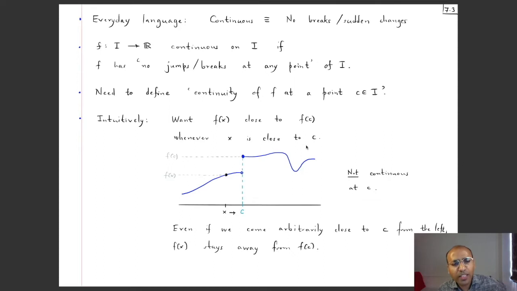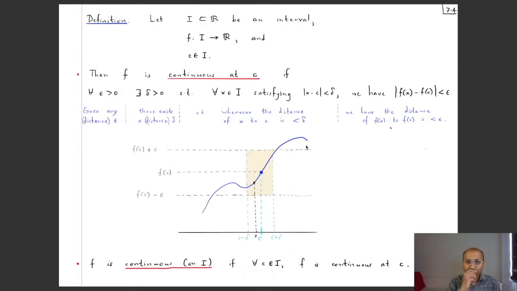So here is the formal definition. The setting is that you have an interval and a real valued function defined on this interval, and there's a point c belonging to this interval, and we are discussing the continuity of the function at this point c.